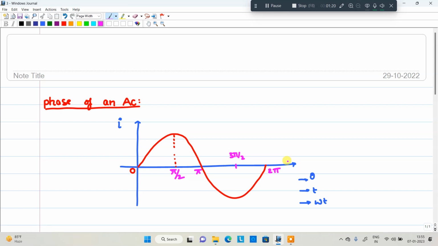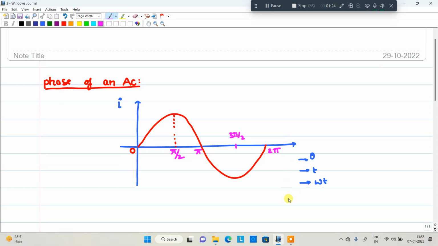Okay, now in this particular case the phase is nothing but the reference point, or starting point of the waveform.